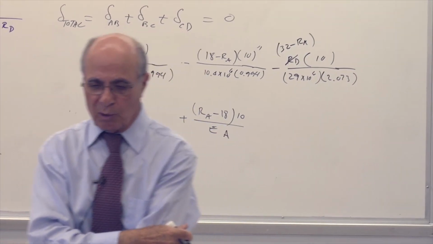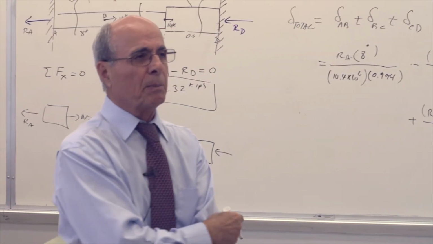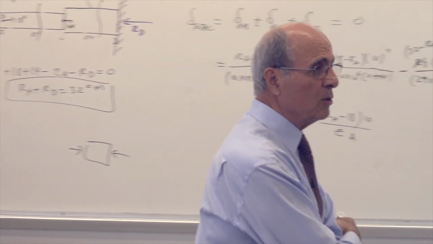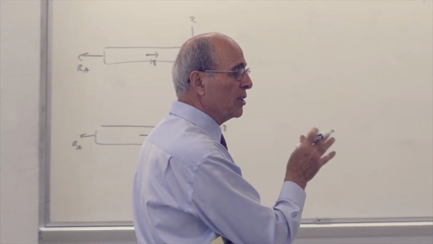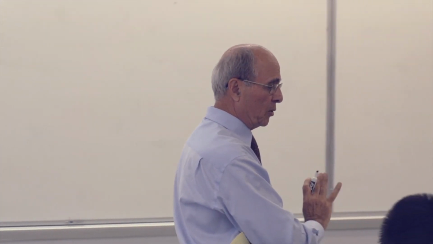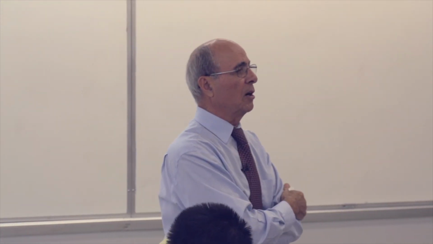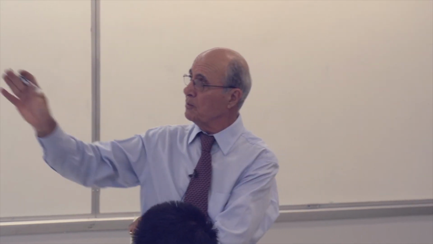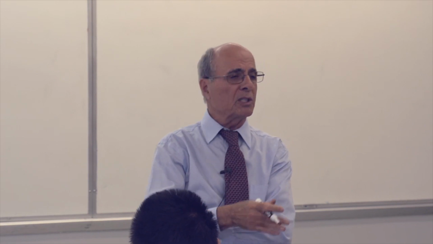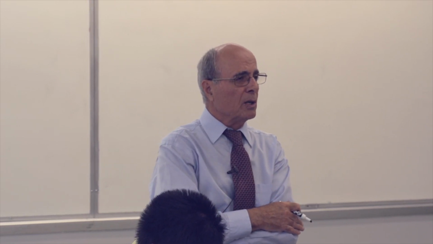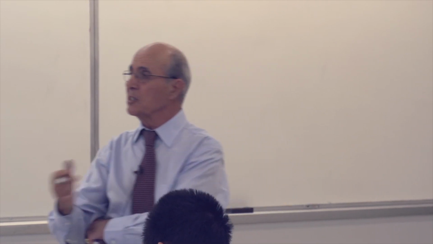What is your unknown? Your only unknown left is RA. Please do not use the solution manual, because in the solution manual they do lots of formula things, this and there. So please stick to your notes. You should be okay. I hope that you understood what I said, especially with that explanation there. Just cut, find out your force, assume whether it's tension or compression. It is very static based. It is not that different.